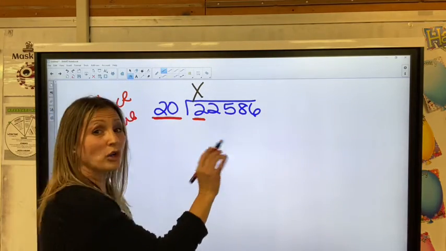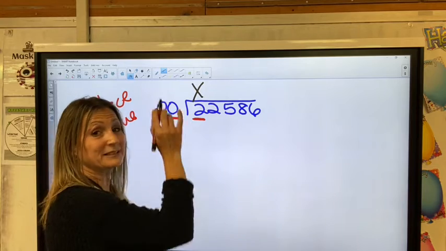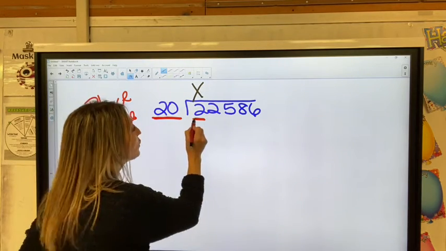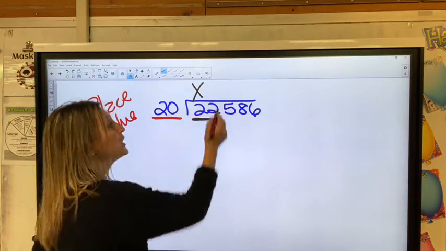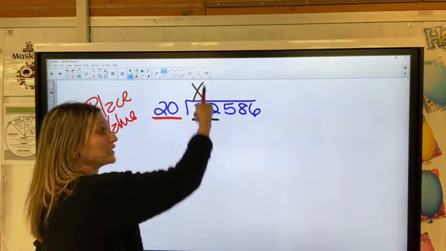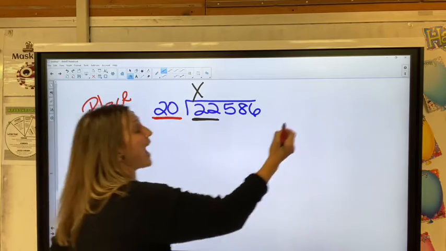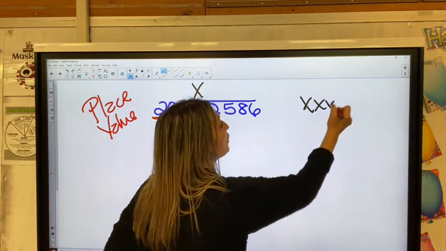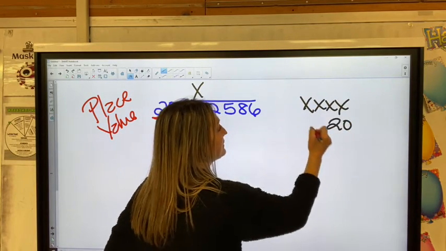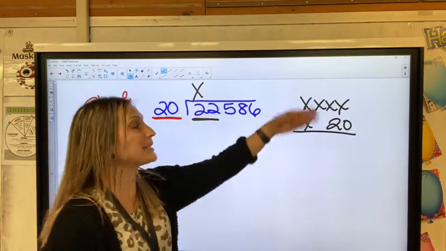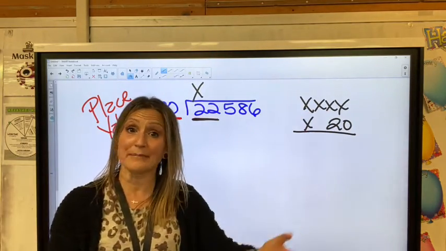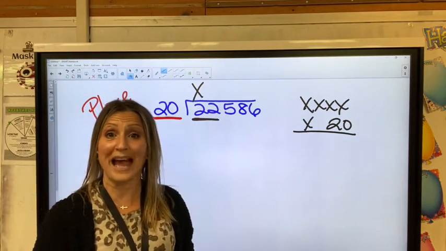So since it won't go into that 2, which is in the place of the 10,000s, we're now going to look at these two numbers up front and their place value, which is now the thousands position. And what that is asking us is, can I multiply something by 1,000? Or can I multiply 20 by something in the 1,000 spot that will get me back 20,000?